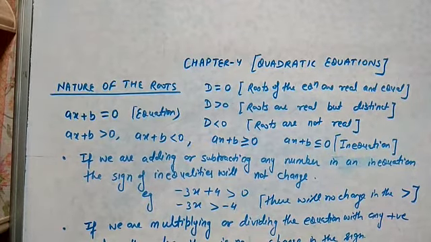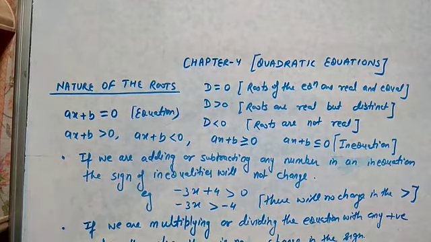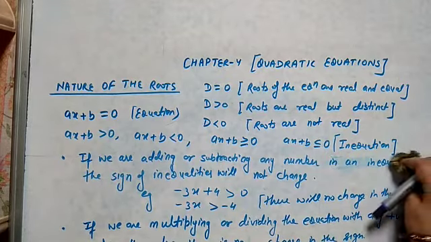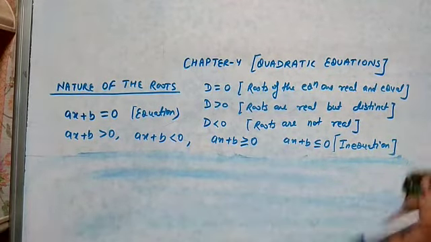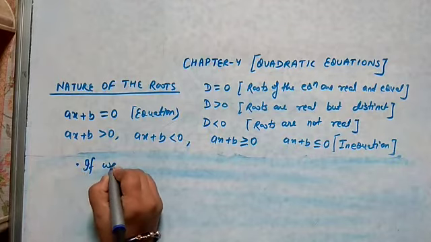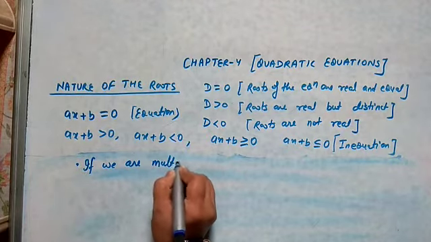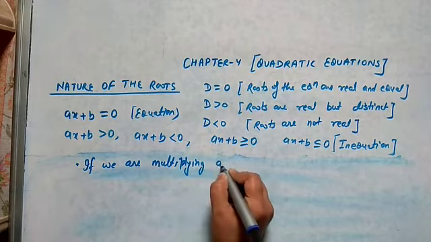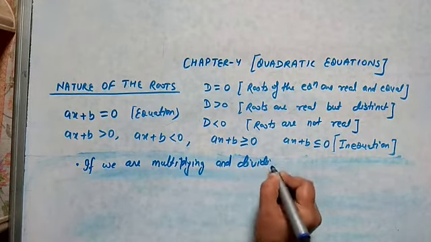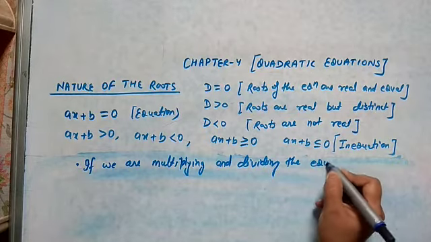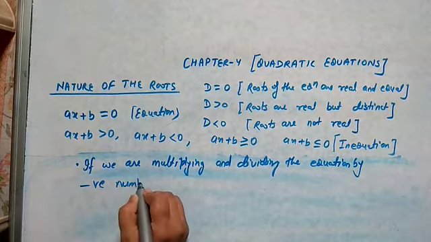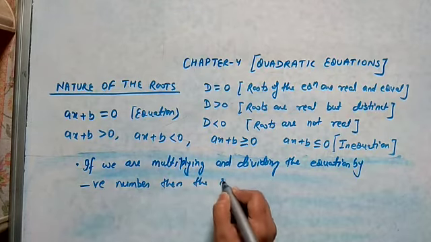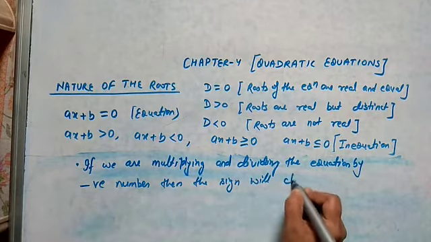Then the third case is, if we are multiplying or dividing the inequation by a negative number, then the sign will change.